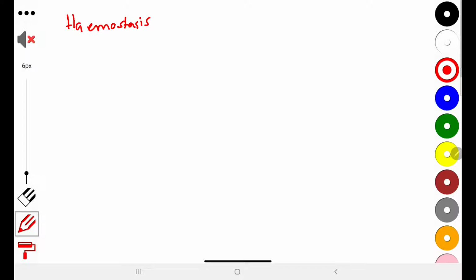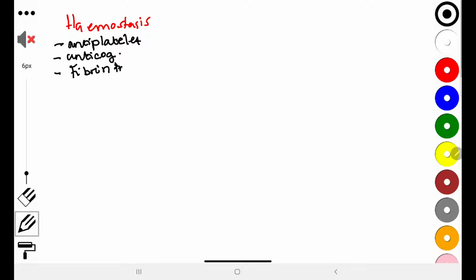Now, in a healthy circulation, we have several mechanisms that ensure that blood is kept in liquid form. First of all, it is anti-platelet, and then we also have some mechanisms that are anticoagulant. Then the next one is the fibrin inactivation mechanisms.